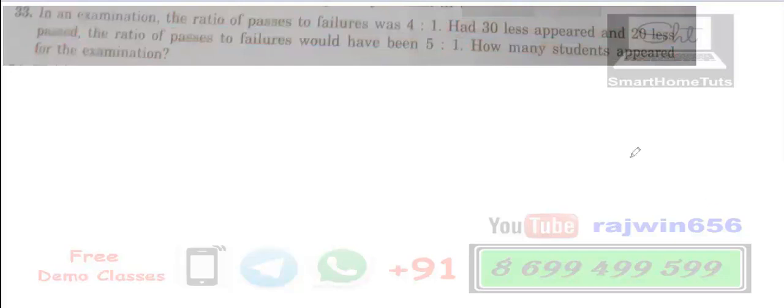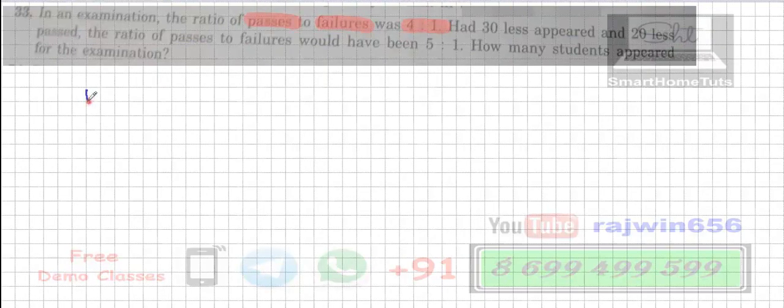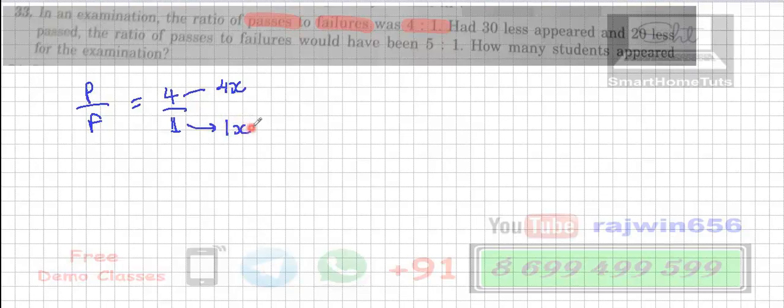Okay, so I'm going to take the first part over here. Pass to fail, the ratio is 4:1. So pass upon failure, this is 4:1. Okay, so pass, I'm going to take this as 4x. Failures, I'm going to take this as 1x. Correct, because the ratio is 4:1.